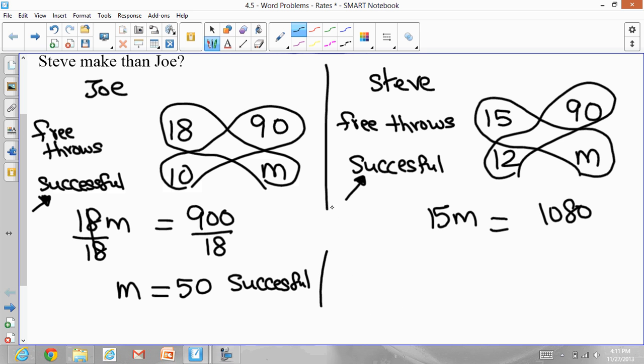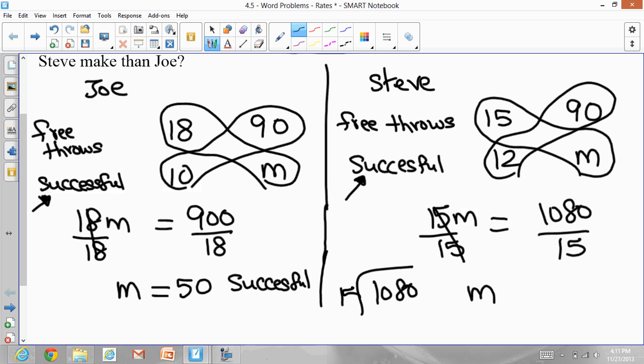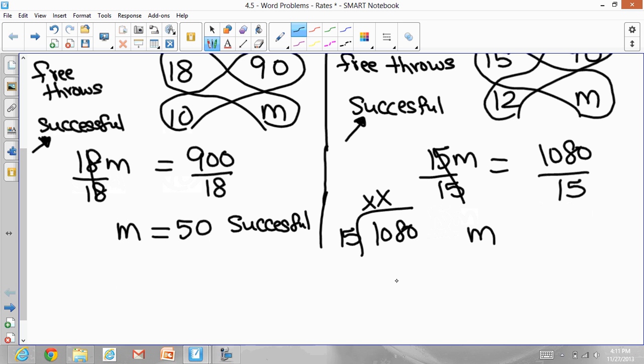Now you want to get rid of the 15, so you divide by 15 here and here, cancel, you get M equals 1080 divided by 15. 15 cannot go in a 1, 15 cannot go in a 10, 15 can go into a 108, 7 times. 7 times 5 is 35, 7 times 1 is 7, 8, 9, 10.